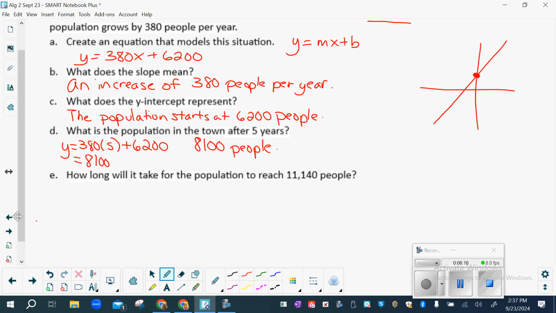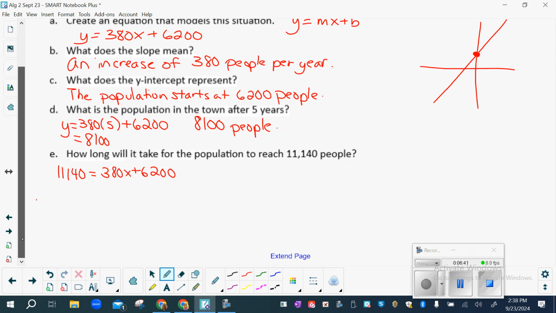So how long will it take for the population to reach 11,140 people? So what would we do there? Yeah, so that's our y. So 11,140 equals 380x plus 6,200. And so how do we solve that? Subtract 6,200.